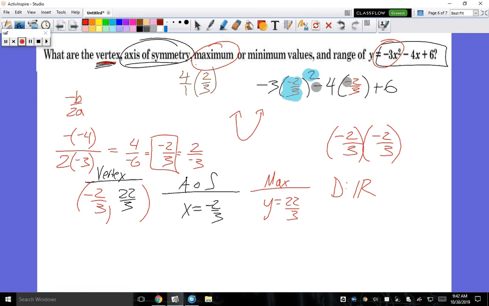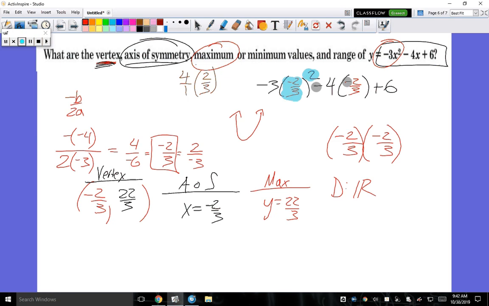Because the equation x is squared, so no matter what the value, even if it's a negative, it'll always yield a y value. Did you hear what he's saying? Because, listen, I'll repeat it. Everything that is squared will always yield a number. That's part of it, but that's not the biggest part.